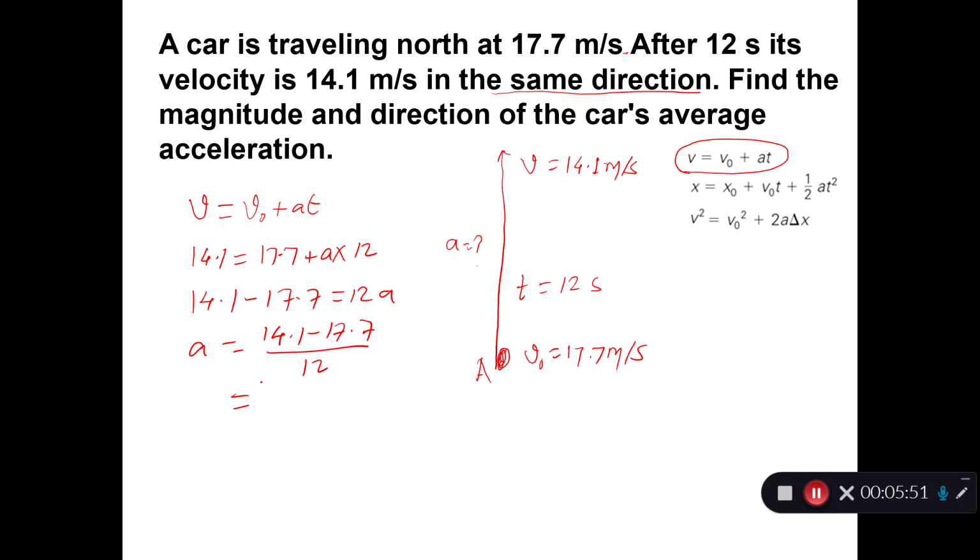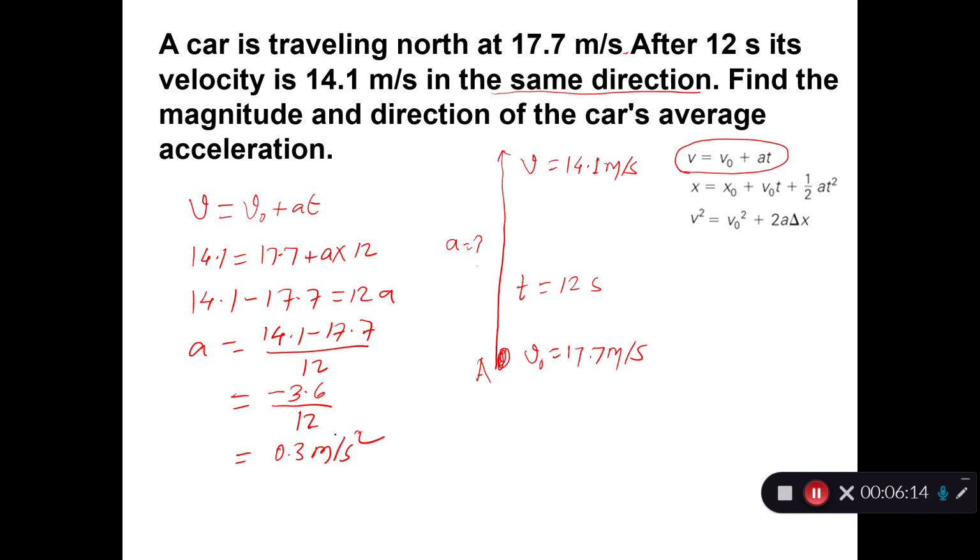Using my calculator, 14.1 minus 17.7 gives negative 3.6. Divided by 12, I get negative 0.3 meter per second square. Acceleration has the unit meter per second square.